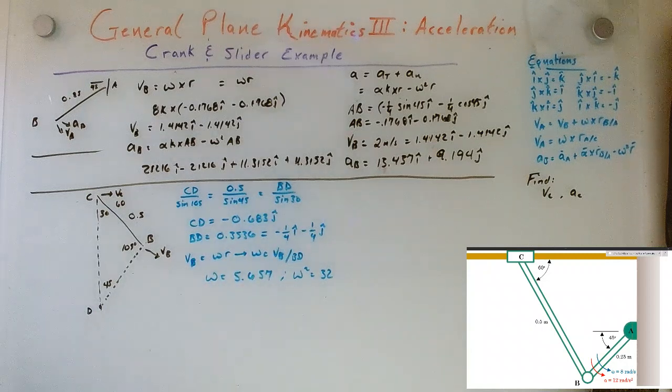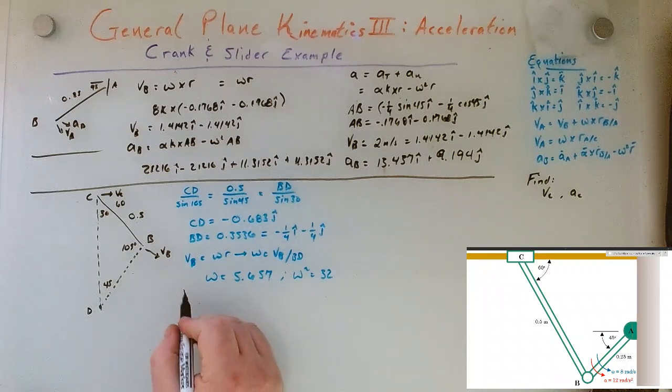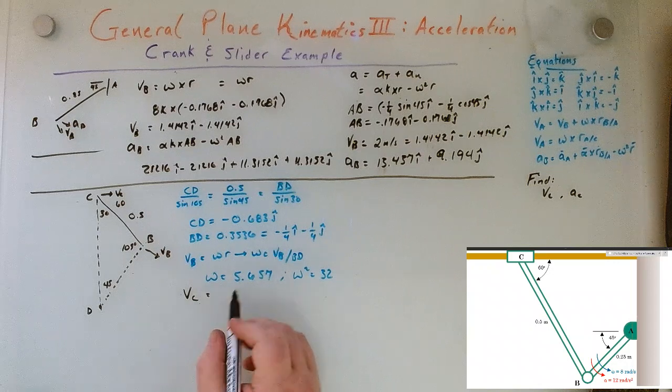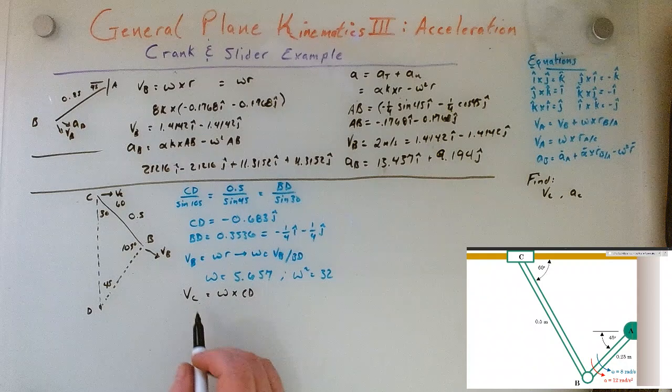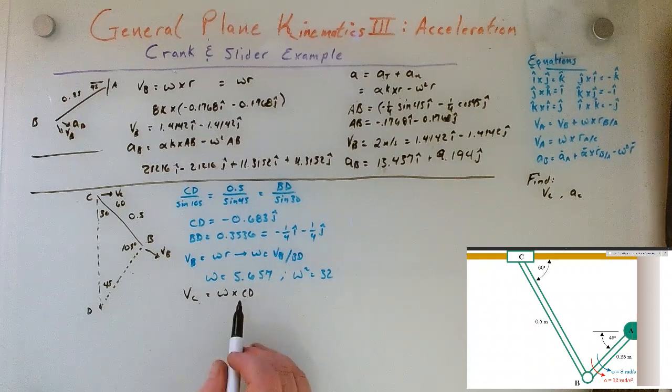Now let's go back to black here. We're going to try to get to v sub c. So v sub c is equal to omega cross CD, and these are orthogonal to each other, so we can actually just use the scalar.